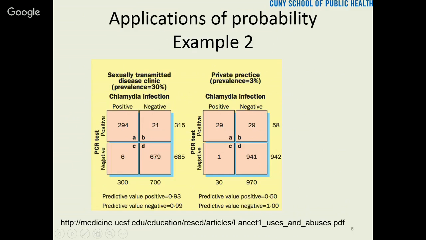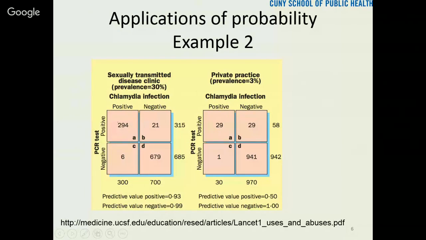And the specificity is the performance on the negative cases. So we look only in the negative column and see the specificity is 679 out of 700 here, or 941 out of 970. And that should be about the same in both clinics. But the positive predictive value is different. So for the positive predictive value, we're looking at rows. We're looking at the people who tested positive. How many of them are actually positive?